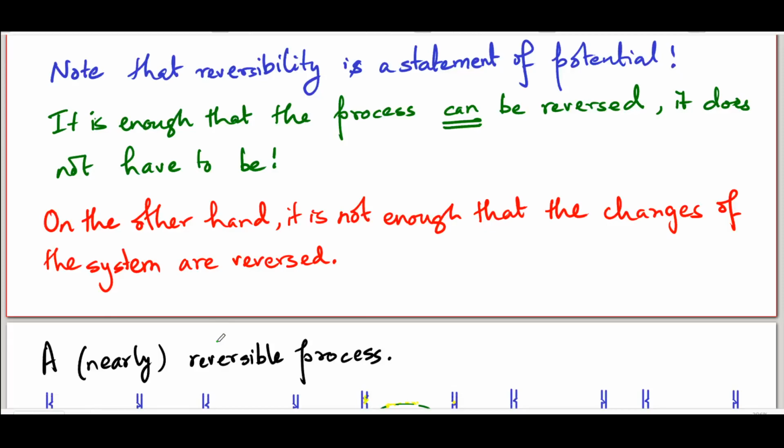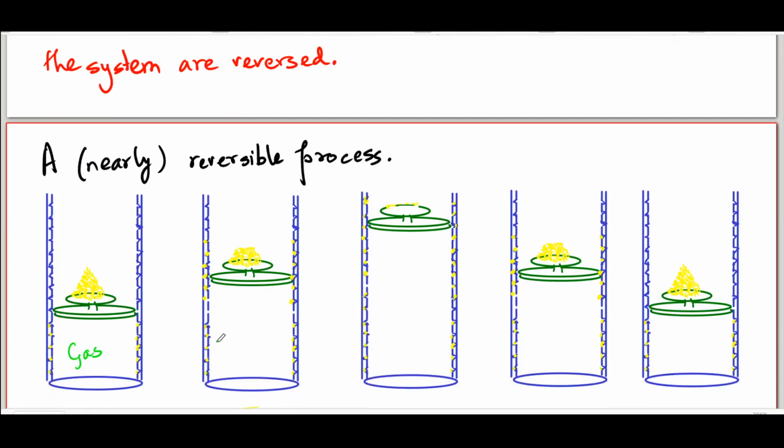The system that we have chosen to provide an example of this nearly reversible process is a gas. Let's assume that it's an ideal gas. This is inside a cylinder with a movable piston. Now, there's something more that I've tried to indicate in this drawing, which is, first of all, you have a tray on top of the cylinder which has a pile of sand.